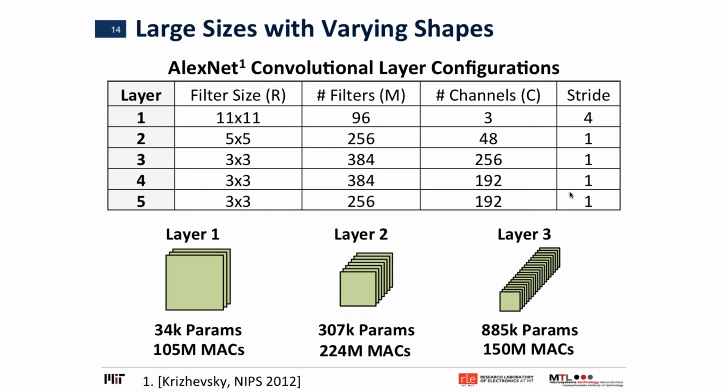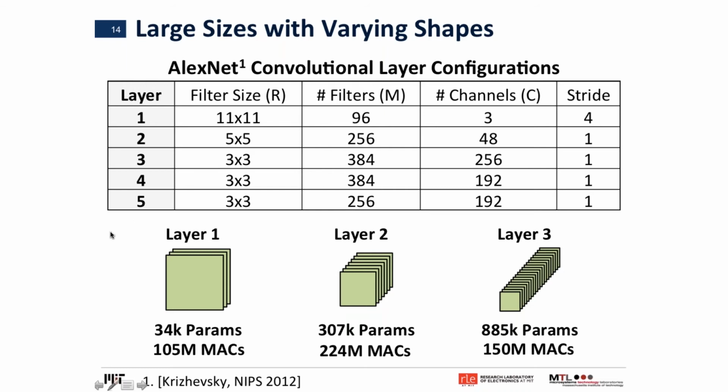Even though, as we have seen more recently, there are some neural networks that use the same filter size, they still vary in terms of number of filters and number of channels. So the one message I really want to get across here is that we need hardware or solutions that are flexible enough to support a wide range of filter sizes, number of filters, and filter channels.